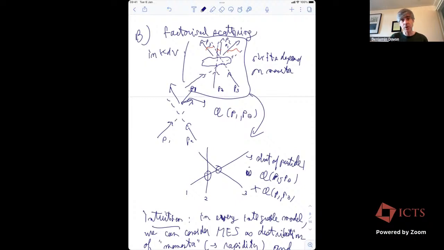Now, in the hard rods, this is clearly the case because it's extremely unlikely, measure zero, that you're going to have three rods colliding simultaneously. They always collide one after the other. In general, though, that's not necessarily the case. When you have solitons interacting in the KdV equation, they can all come towards each other more or less at the same time. The interaction takes a bit of time, solitons are deformed.